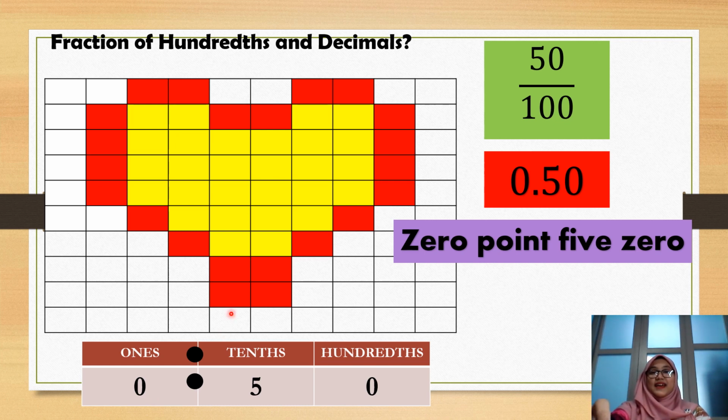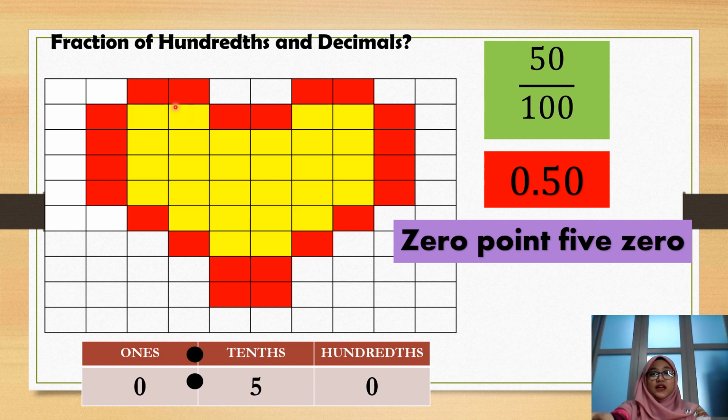Okay, I have love patterns here. I created them using my 100 grid. So, we can still get the fraction of hundreds and decimal even in a love pattern.